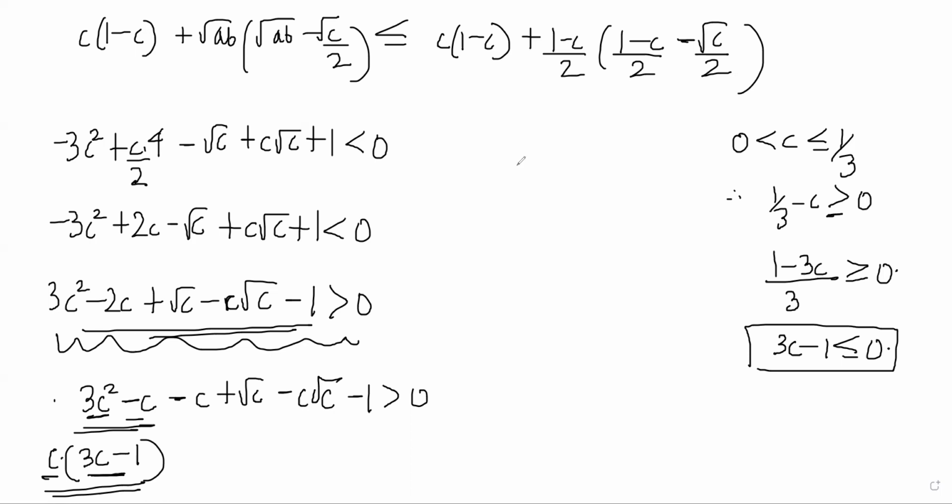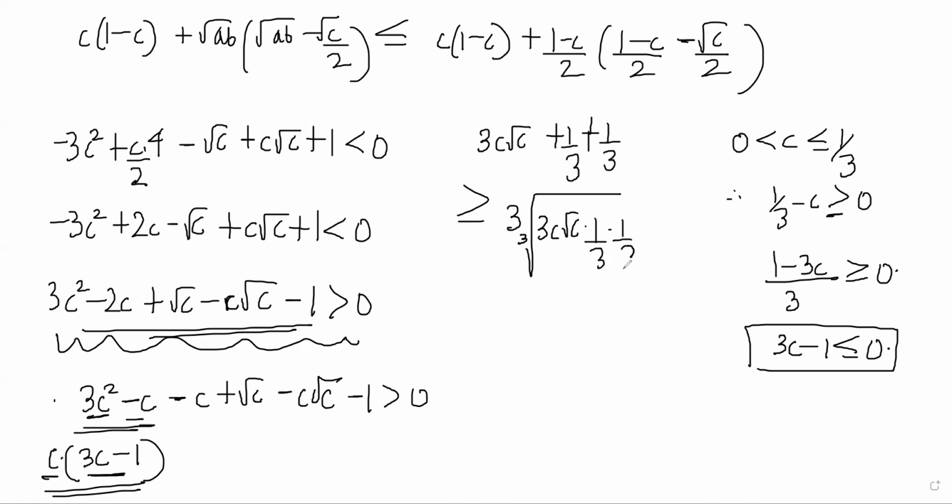And we can also do AM-GM, and we can say 3 times c root c plus 1 by 3 plus 1 by 3 will be greater than equal to 3 times cube root of 3c root c into 1 by 3 into 1 by 3, and that is equal to 3 goes inside, 27 cube root of 3, 9 c root c, right?